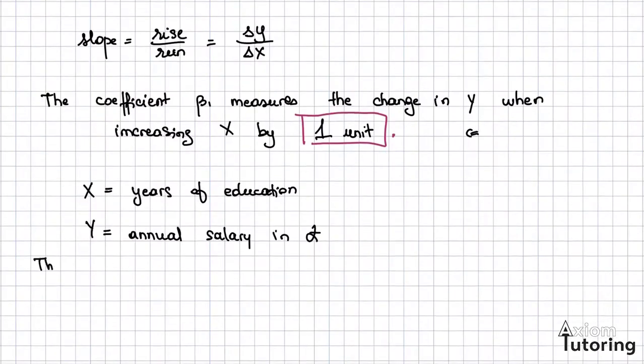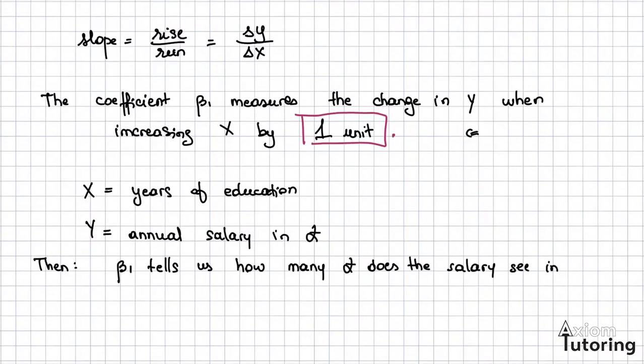What that means is that your beta 1, the way we're going to estimate it, tells us how many pounds the salary sees an increase for 1 additional year of education.